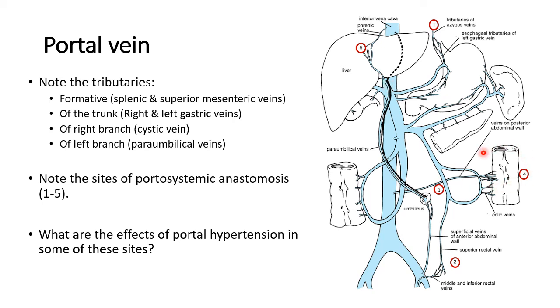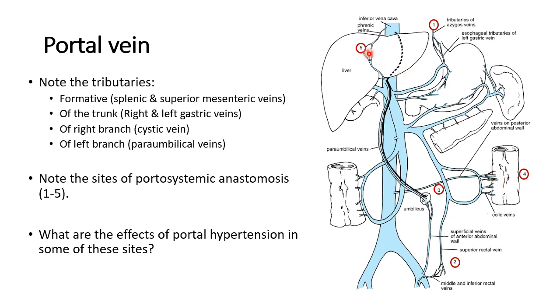The fourth site is at the posterior abdominal wall, in the retroperitoneal structures of the gastrointestinal tract, like the ascending colon and the descending colon. The veins draining the nutrients from the descending colon, for example, drain into the portal vein, while there are also other veins that will eventually drain into the inferior vena cava. So there is another site of portosystemic anastomosis.